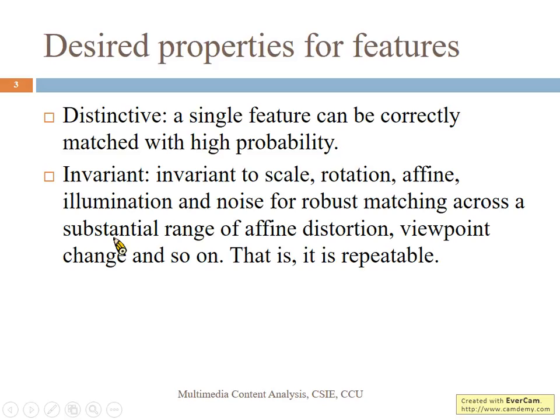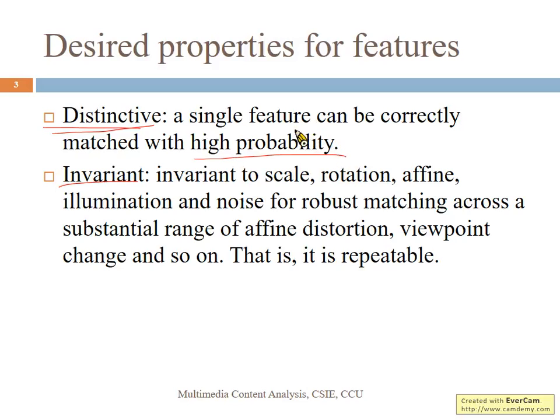So what kinds of pixels can be viewed as key points? The desired properties include being distinctive and invariant. Distinctive means that a single feature can be correctly matched with high probability.